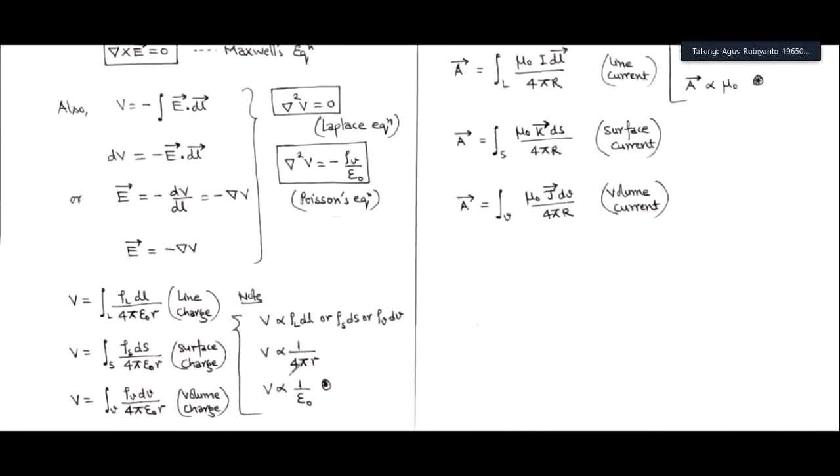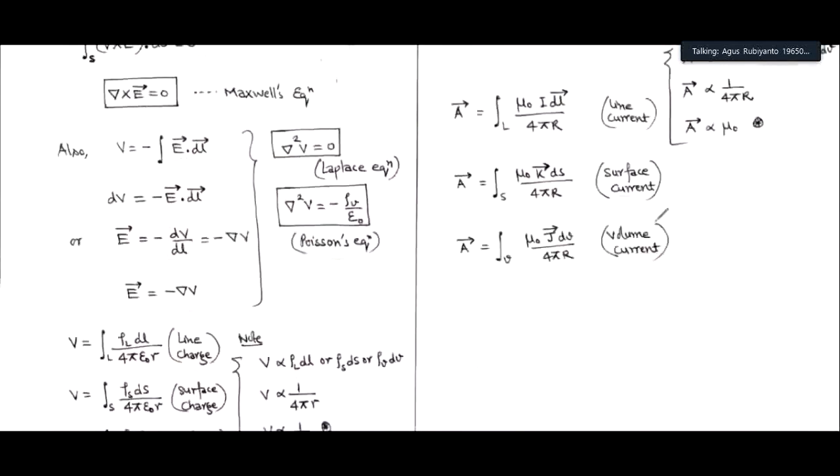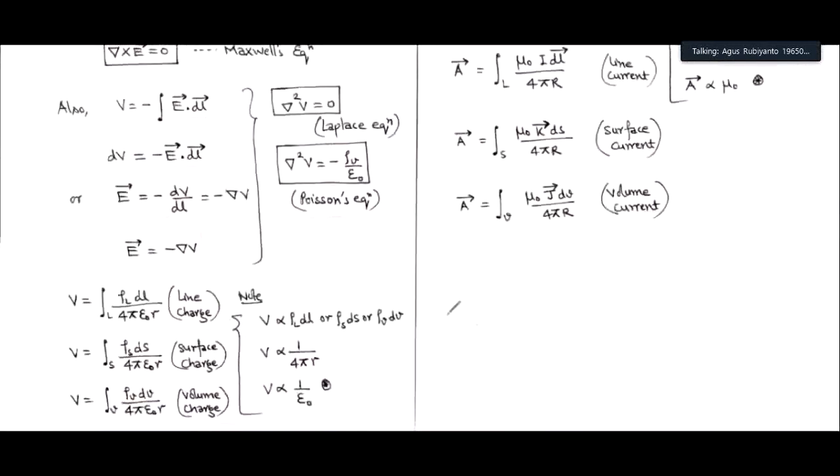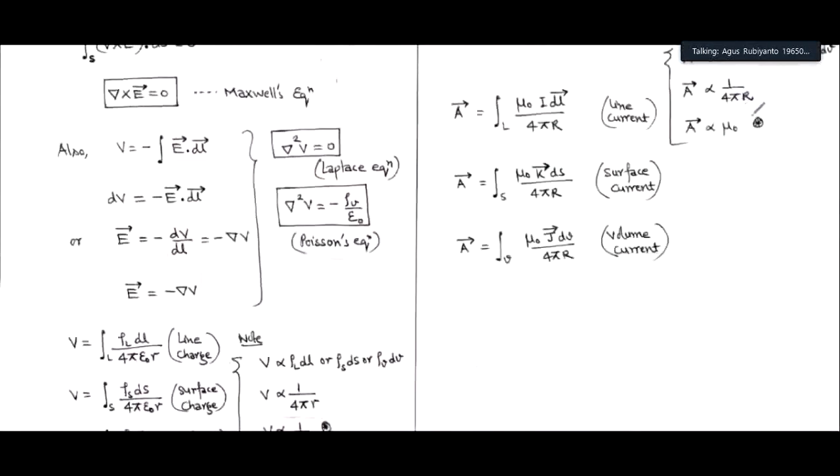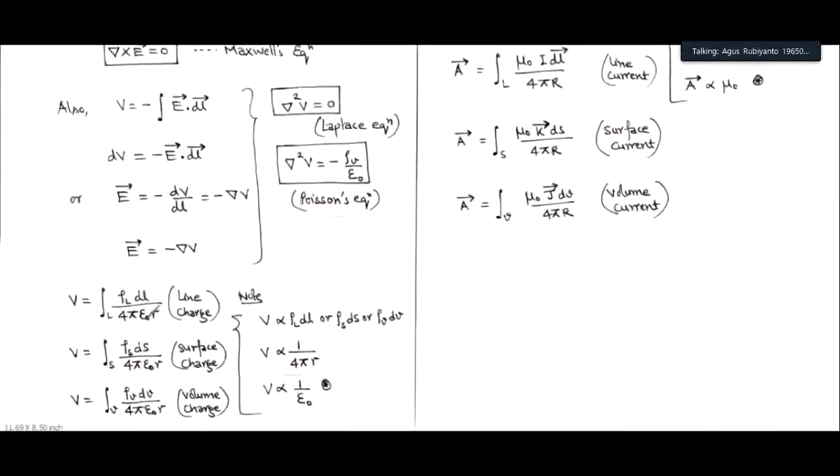Electric potential V is inversely proportional to 4 pi small r and A vector is inversely proportional to 4 pi capital R. And electric potential is inversely proportional to epsilon naught, but in case of magnetic vector potential, A vector is directly proportional to mu naught. So the magnetic vector potential is related to electric scalar potential. Only the difference is that in case of electric potential, epsilon naught is in the denominator, and in case of magnetic vector potential, mu naught is in the numerator.